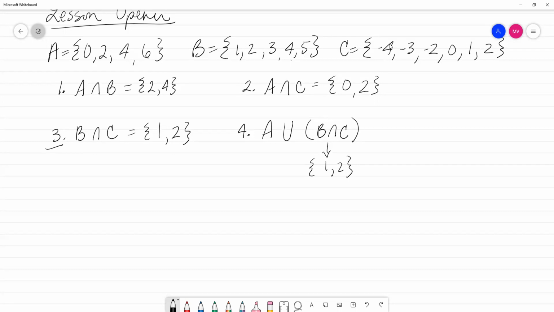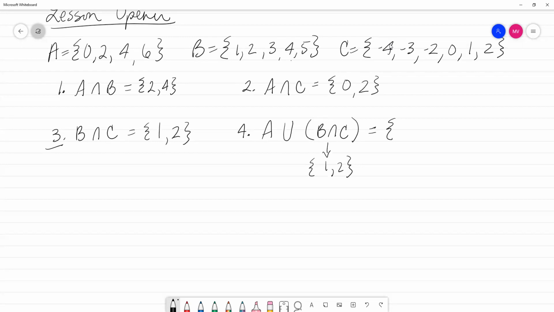So set A union set B means every element that exists in both A and B. So what would that equal? B and C is 1, 2. That would equal 0, 2, 4, 6.